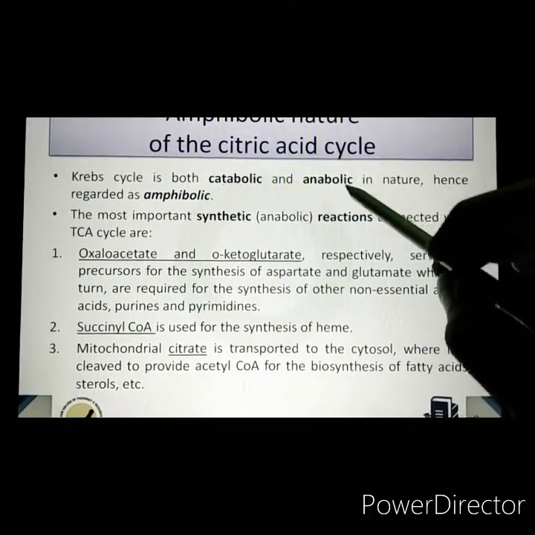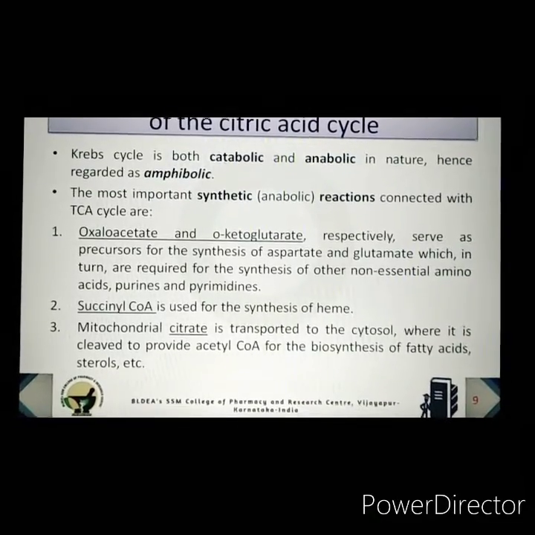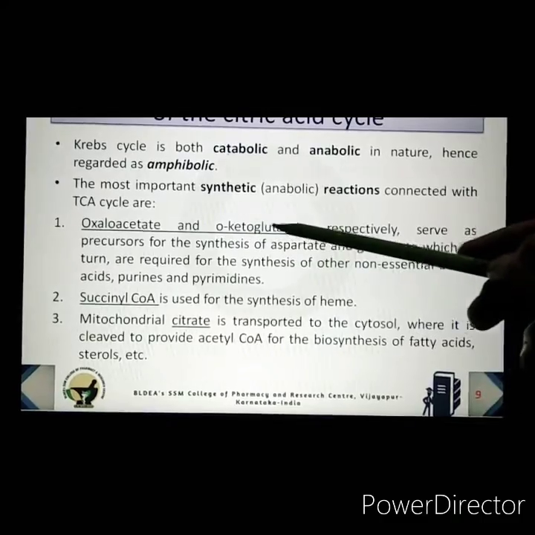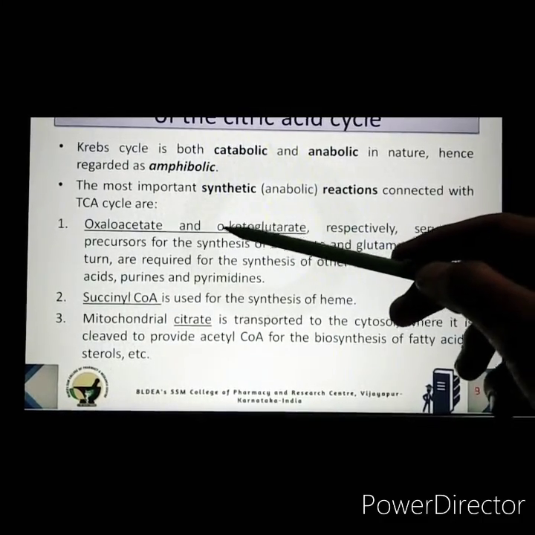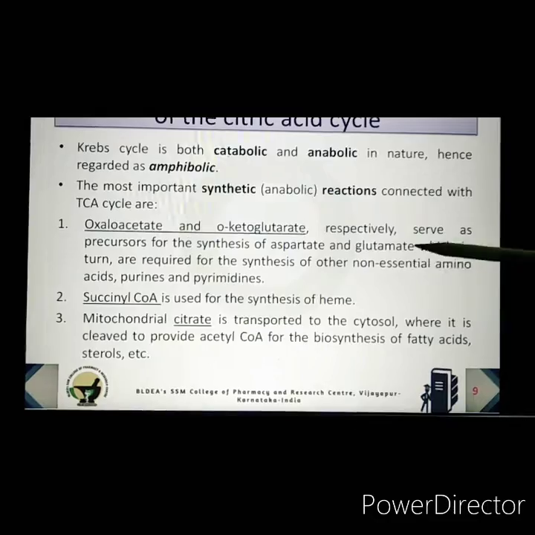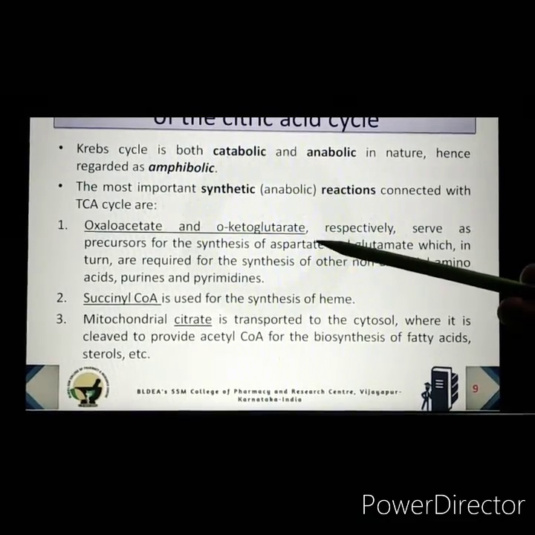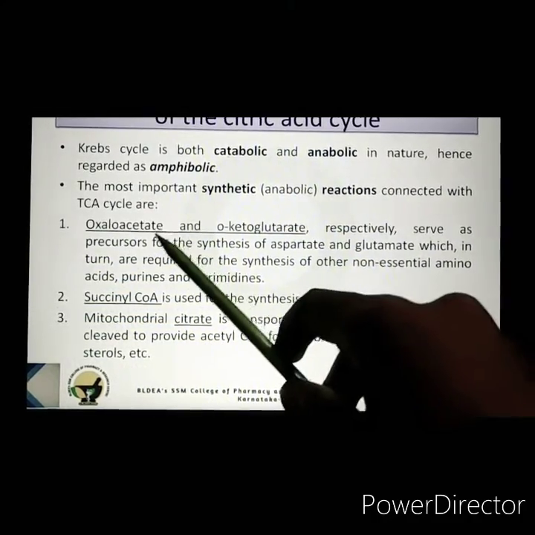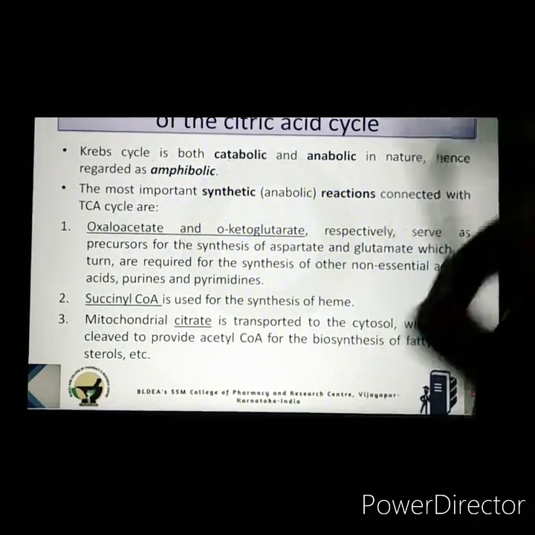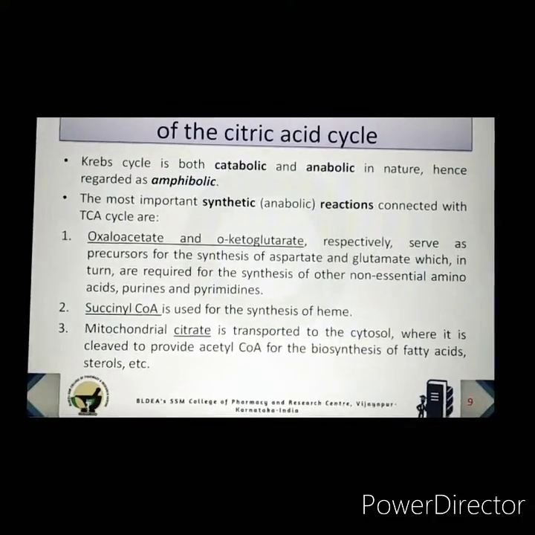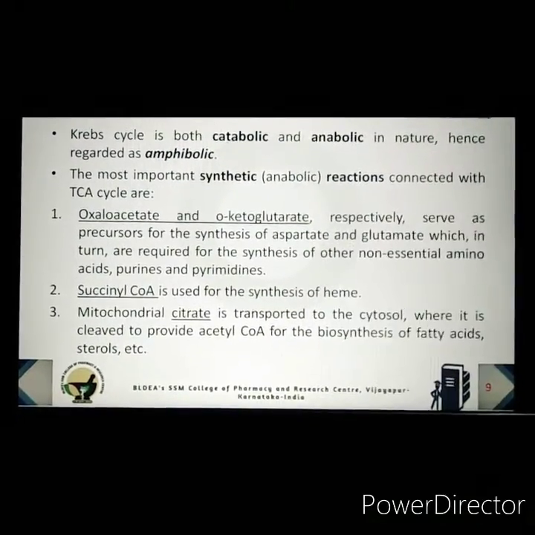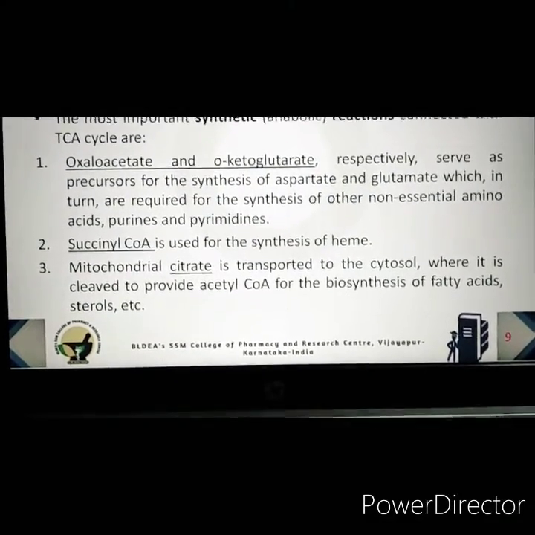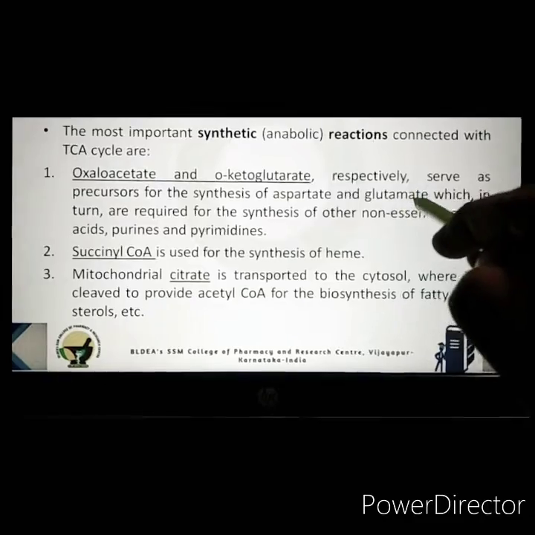Next, what do you mean by the anabolic nature of the citric acid cycle? Anabolic nature includes conversion of oxaloacetate or alpha ketoglutarate into non-essential amino acids like aspartic acid and glutamic acid. In anabolic reactions, oxaloacetate and alpha ketoglutarate act as simpler molecules. Even though they are complex in nature, here they act as simpler molecules and result in generation of complex molecules like aspartic acid and glutamic acid.